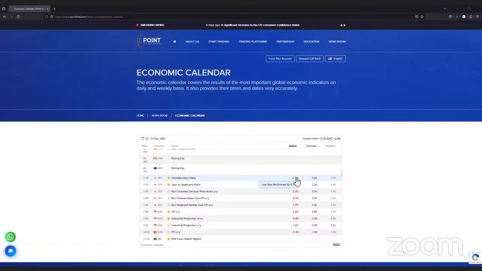Now this number is green because when unemployment is decreasing, this is going to be a good thing for the economy, for the whole country, actually. The forecast was 2.6. Now the actual is less than the forecast, just like the previous, but still green because this is less than what the market is expecting.